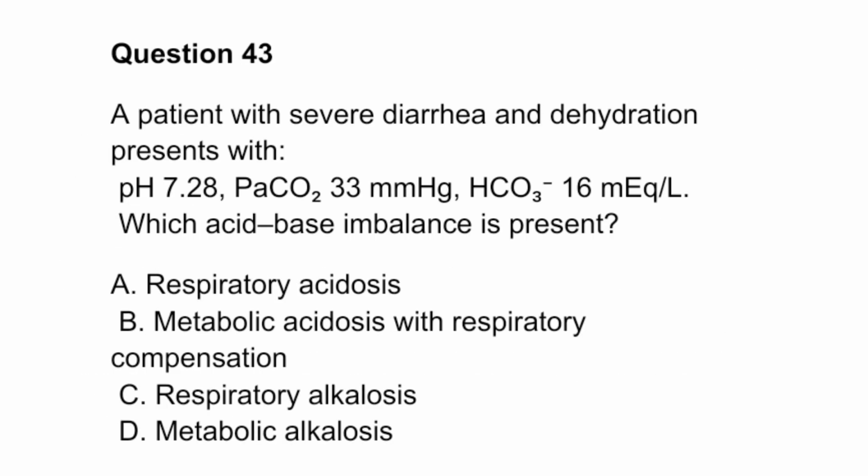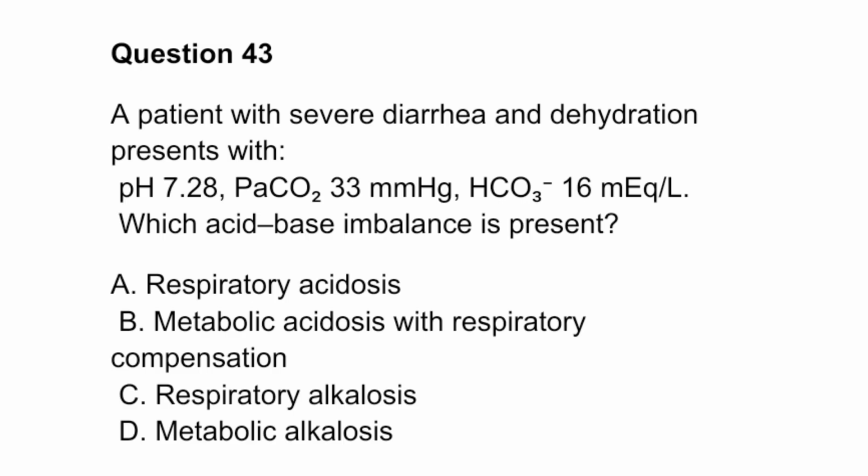Question 43. A patient with severe diarrhea and dehydration presents with pH 7.28, PaCO2 33 millimeters mercury, HCO3- 16 milliequivalents. Which acid-base imbalance is present? A. Respiratory acidosis. B. Metabolic acidosis with respiratory compensation.